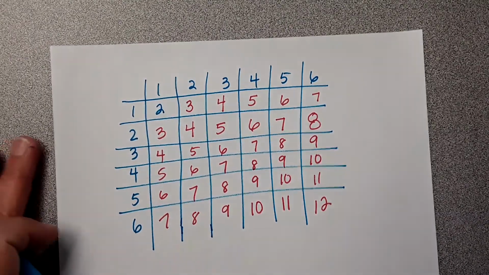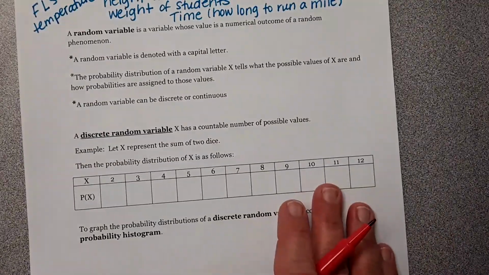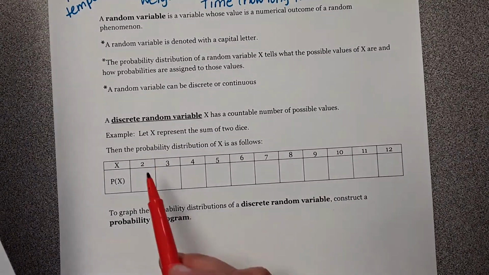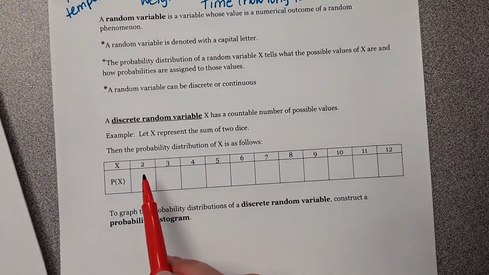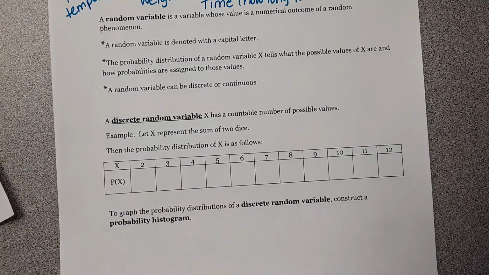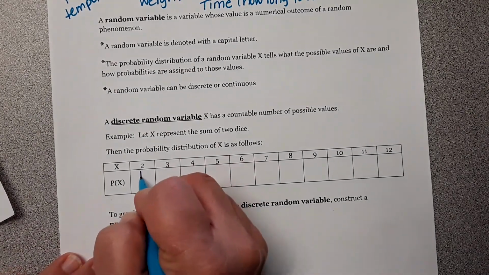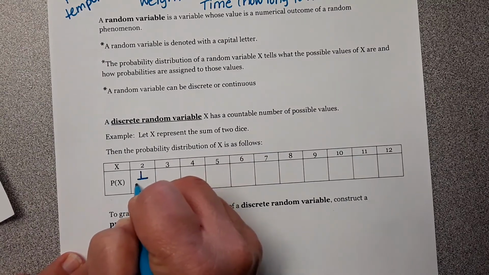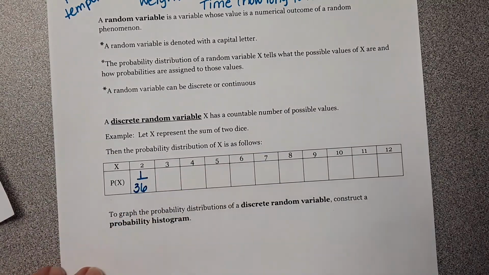Okay, so now what we're going to do is fill out this chart. What is the probability of getting a sum of 2? There's 36 outcomes. So to get the sum of 2, it would be 1 out of 36, because there's only one way to get a 2.